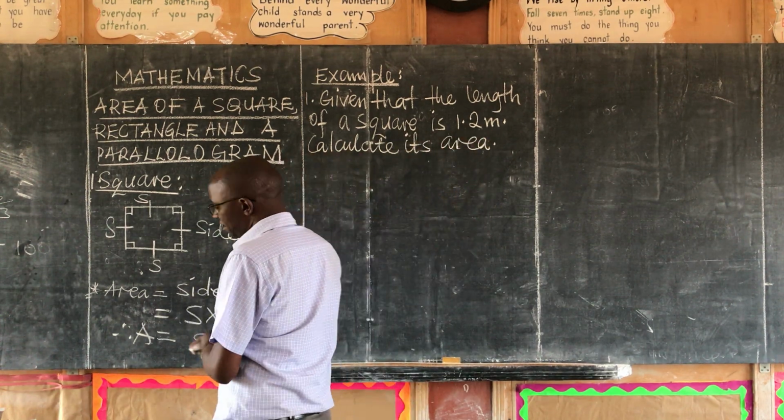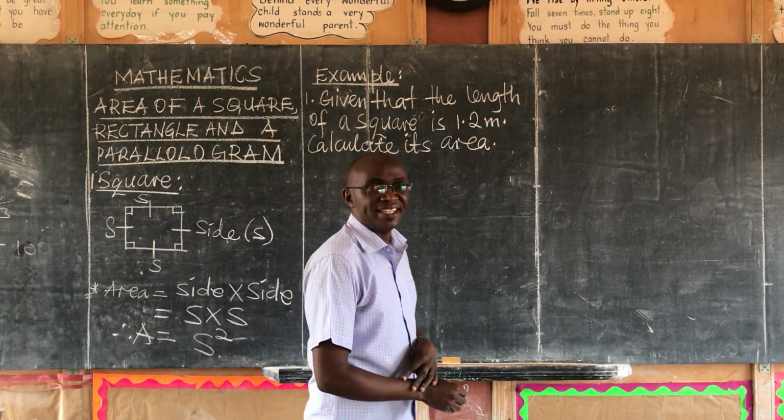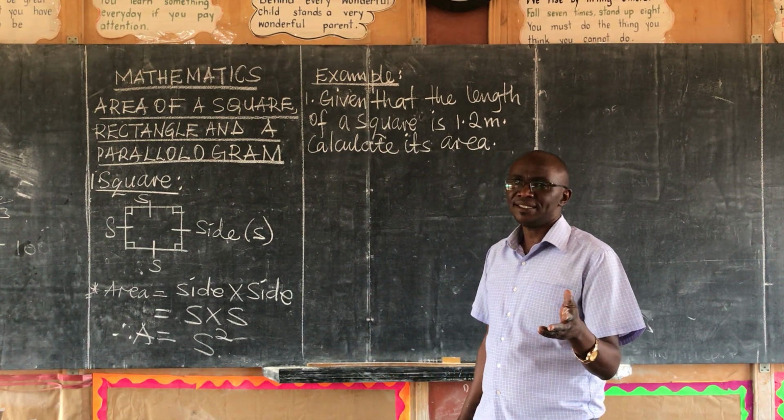That is the question. Given that the length of a square is 1.2 meters, calculate its area.